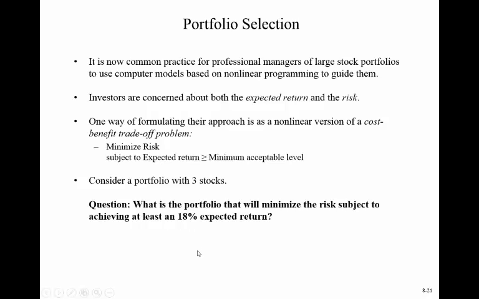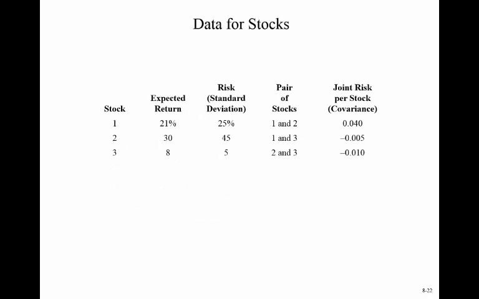So this problem is simple. We've got three different stocks. They're very different in terms of their expected return as well as their amount of risk. What we're looking for is a portfolio that will deliver an 18% expected return, but do so with minimal risk. Check it out: the first two have a pretty high expected return.